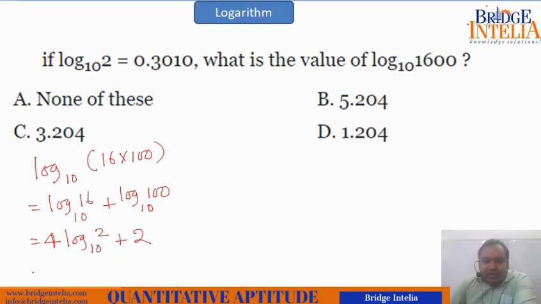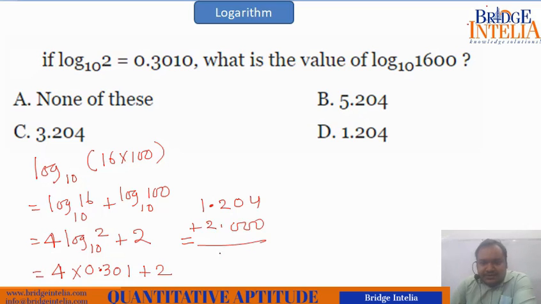So this comes out to be 4 into the value of log 2 to the base 10, which is given to us. Okay, and then plus 2. So this comes out to be 1.204 plus 2. So this is equal to 3.204. So this is the correct answer.